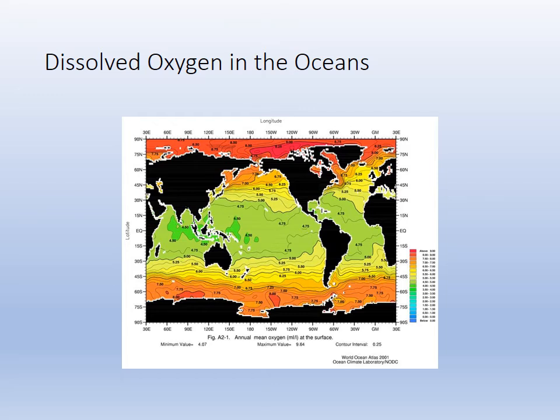So oxygen distribution, you can see that oxygen is more abundant in the colder water, Arctic, Antarctic, and it dissolves less in the warmer water where you're in equatorial regions.